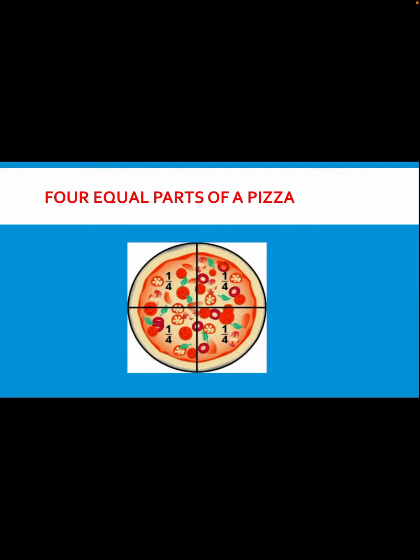The whole pizza is broken into 4 equal parts. First it is divided into 2 halves, and then one half is again divided into 2 halves, and the other half is also divided into 2 halves. So one part becomes 1/4 of a complete pizza.